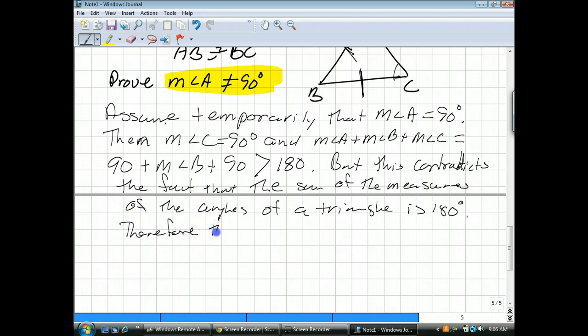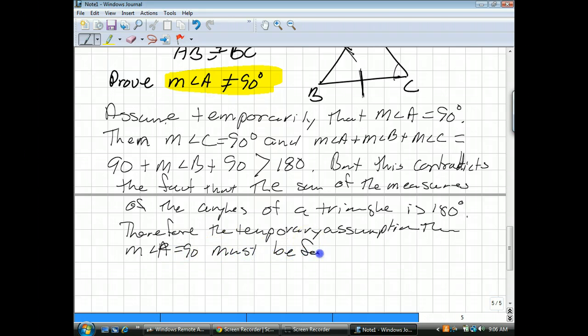Therefore, the temporary assumption that measure of angle A equals 90 must be false.